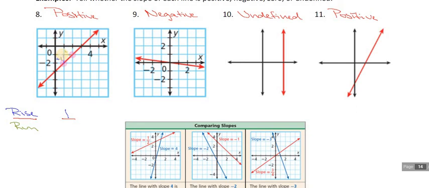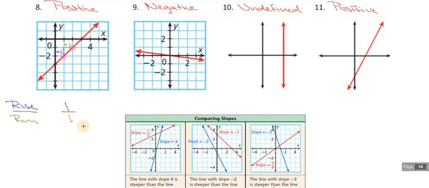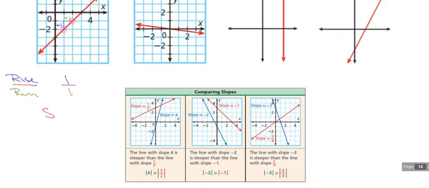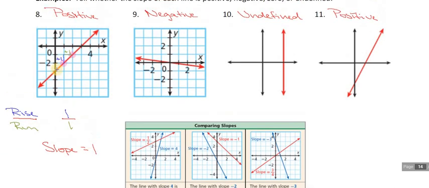And because it was to the right, that's also a positive. So we had to go up 1, right 1 to go from the left perfect point to the right perfect point, which I defined. And 1 over 1 gives me a slope of 1. Okay, so we'll get a lot more practice with these problems, but I just wanted to do an extra one.